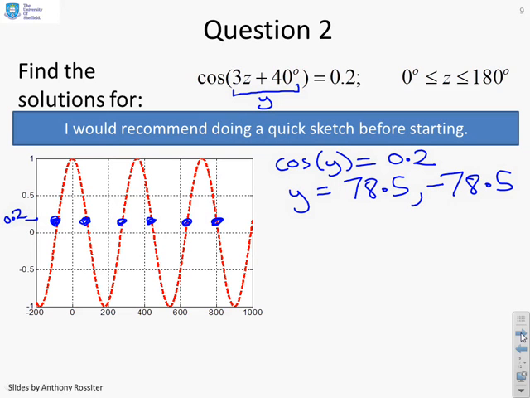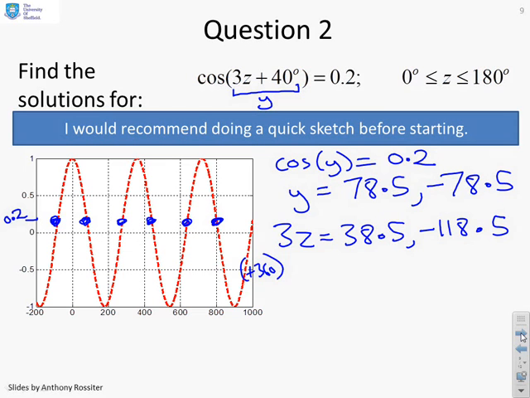Now, y is 3z plus 40, so 3z is going to be 38.5, since I subtracted the 40, or minus 118.5. So that gives me the default solutions to start from. And the next thing is, if you want to get the repetition, you've got to add 360 degrees to each of these.